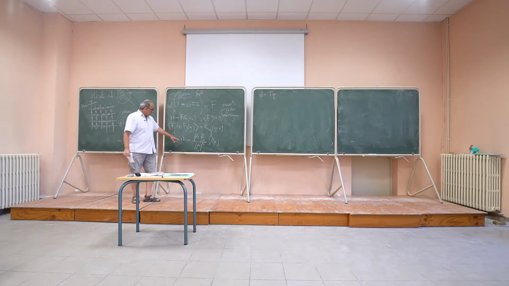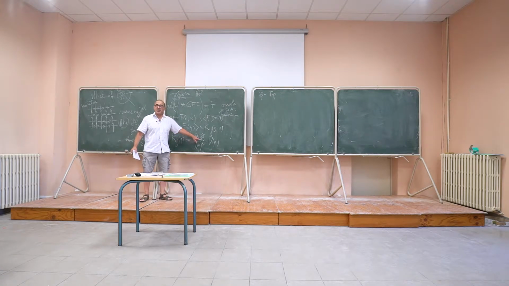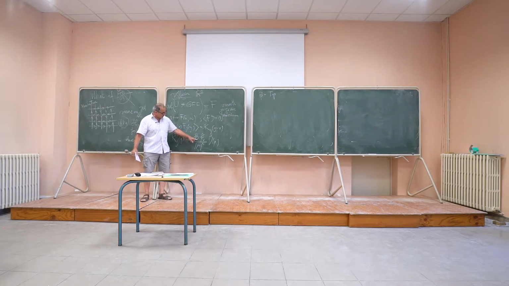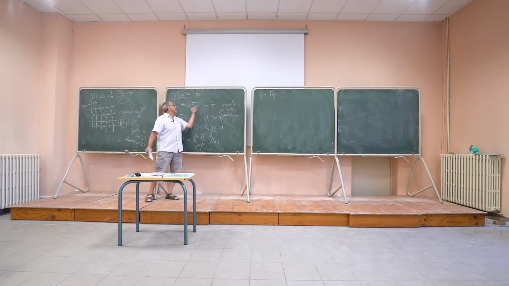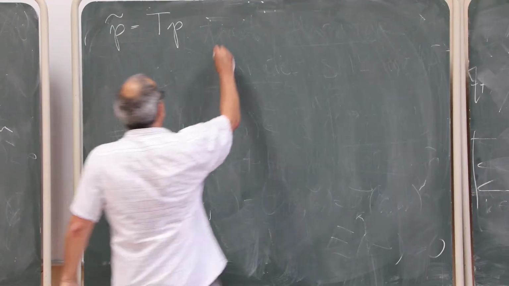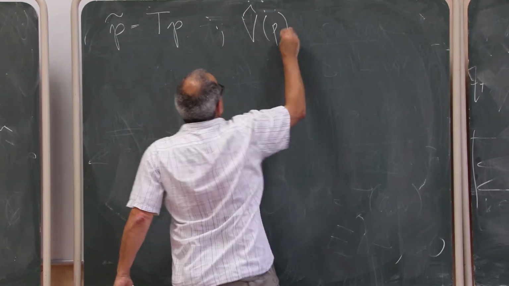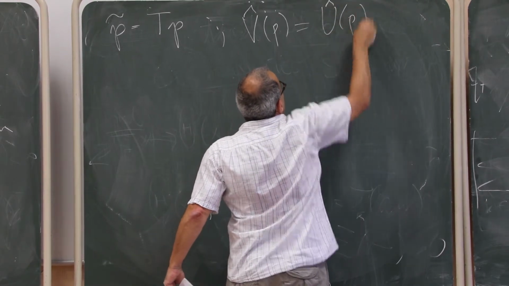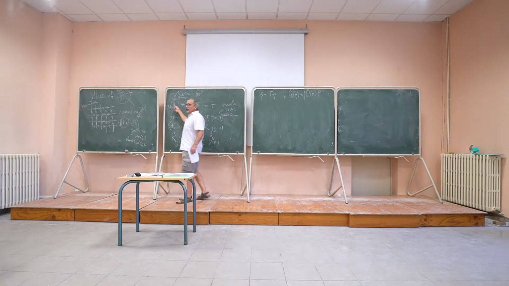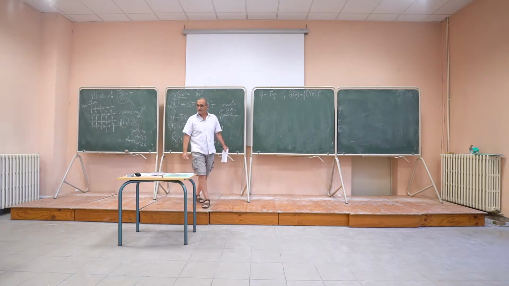So p1 tilde is p2, p2 tilde is minus p1. This comes from the curl, right? This 1 over p squared comes from the Green function, from the covariance of the Gaussian free field, right? And v hat of p is just the square of u hat of p. So take a function v, which is a convolution square of u, and it's the Fourier transform of that guy.